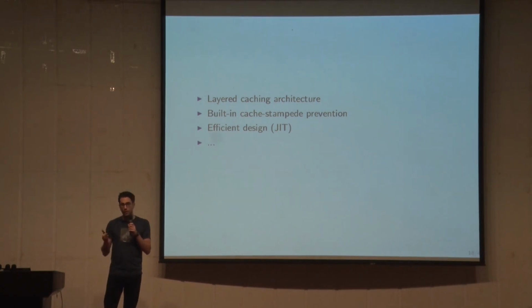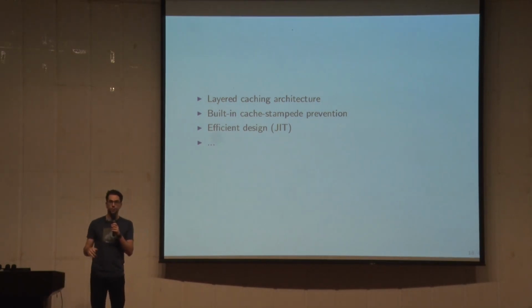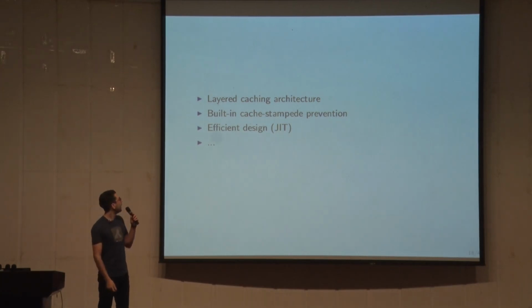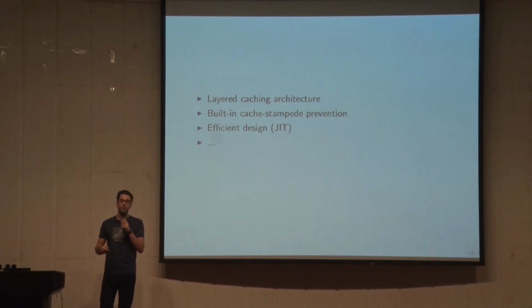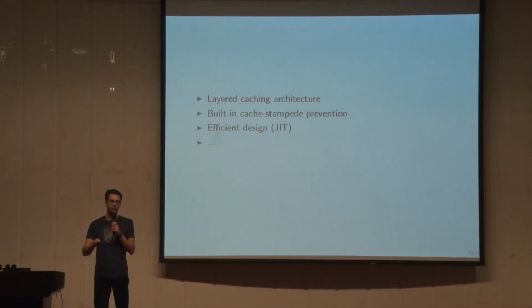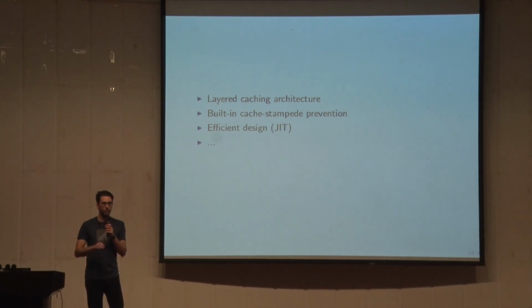It can be very tricky, especially for new OpenResty users, to get this right. So mlcache does it for you for free, and you don't have to worry about cache stampede. And third, we have a very efficient design. This pattern is used throughout the entire library, so it's not just a serialization format. The whole library is very JITable for the best performance.